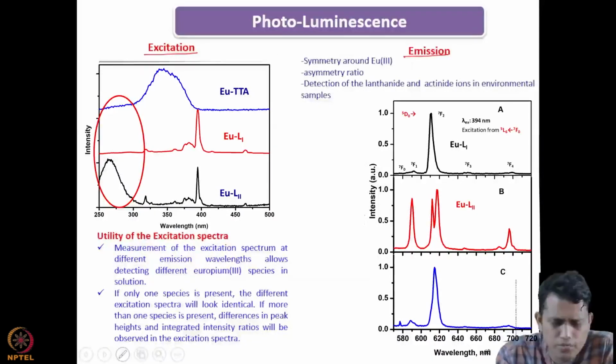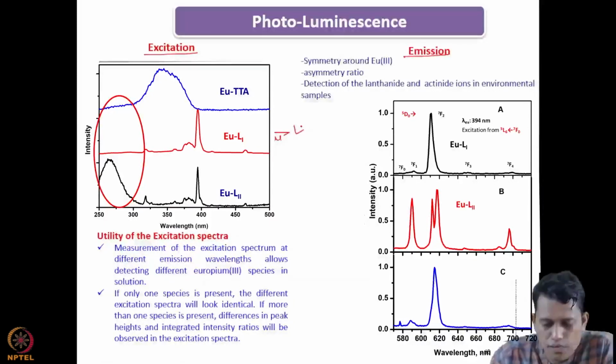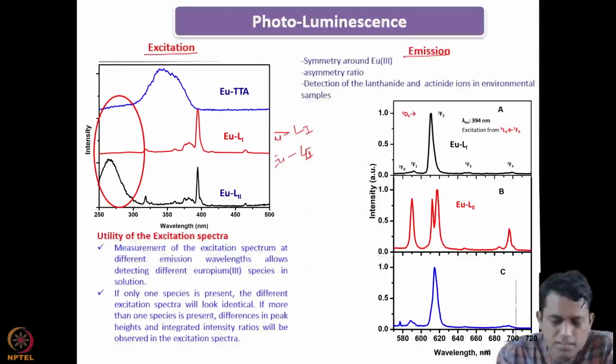So what kind of information can we draw from this kind of spectra? Let us assume that you have two complexes, one europium L1 and the other europium L2. I'm just arbitrarily assigning europium L1 to this spectra and L2 to this spectra. Just by looking at these spectra, I can say there is a difference in this region.